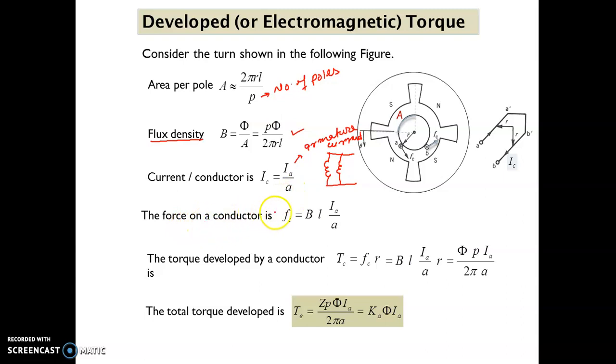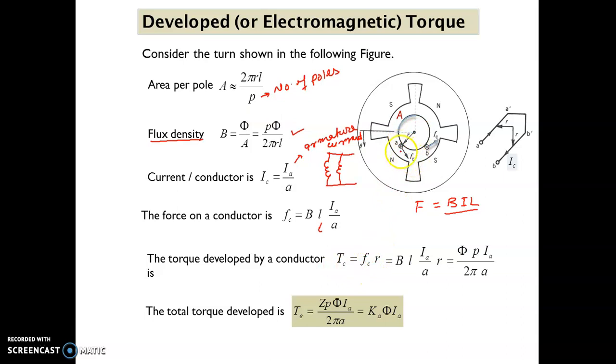Therefore the force on the conductor, which we already know, is BIL. This is the expression for the Lorentz force that we have already discussed. B is the flux density, I is the current, and L is the length, and the current per parallel path is Ia by A. The torque developed is the force multiplied by the radius.